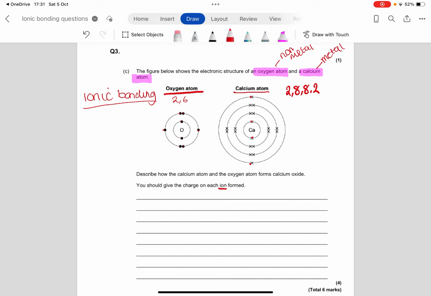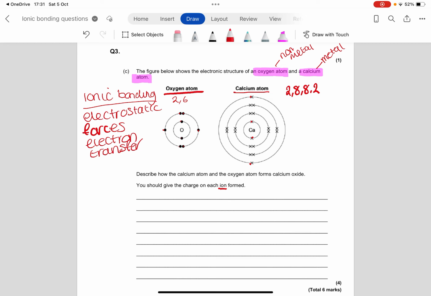So I'll be thinking about ionic bonding. I'll be thinking about electrostatic forces. And electron transfer. Okay.